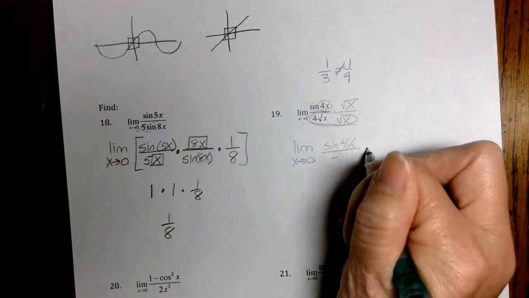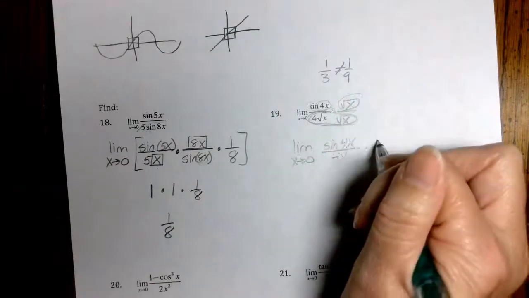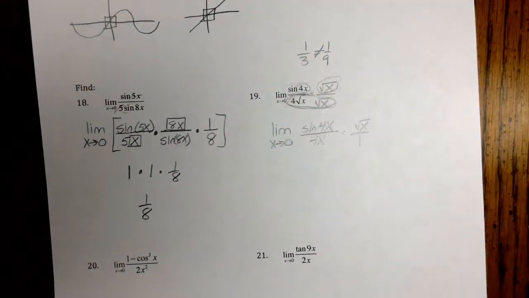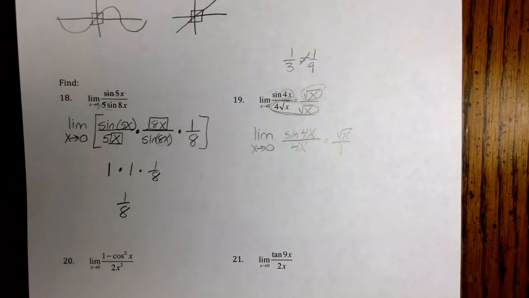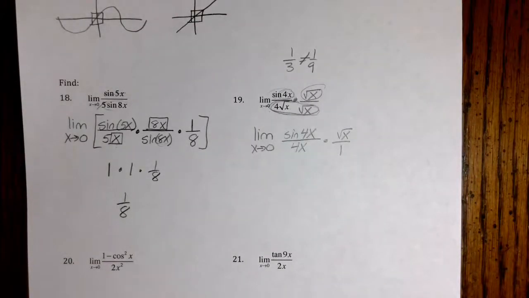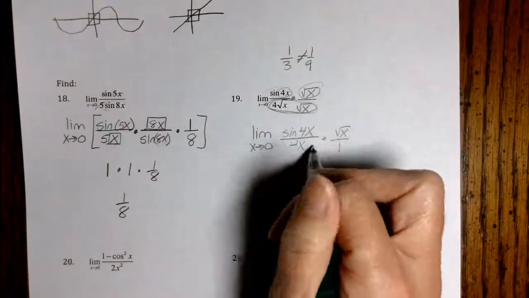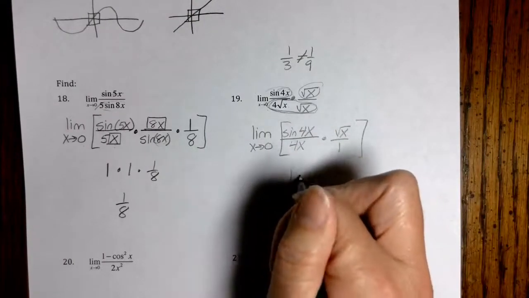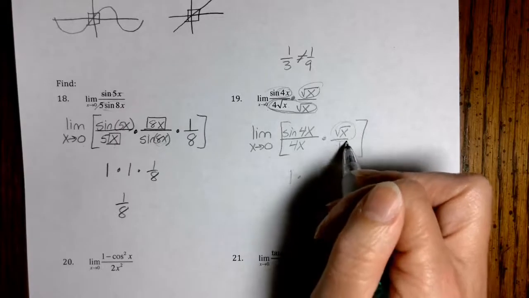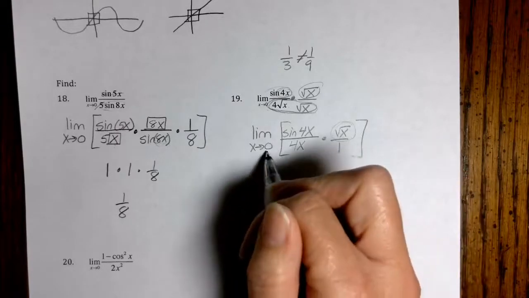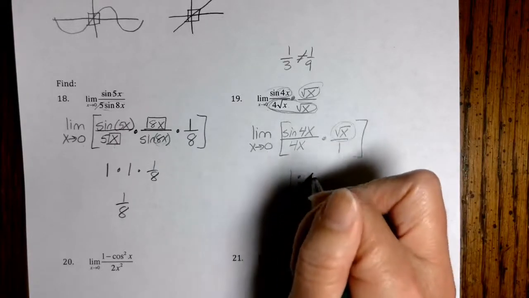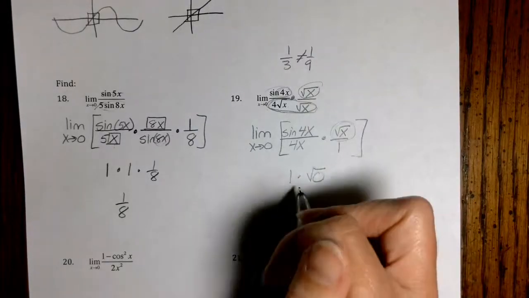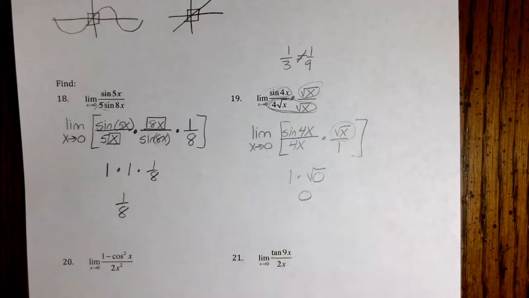I do, however, have this root x left, so that root x over 1 is kind of like the leftover pieces. Then the first one goes to a 1. The next one I have to evaluate at 0. Well, the square root of 0 is 0 times the 1 gives me back a 0.